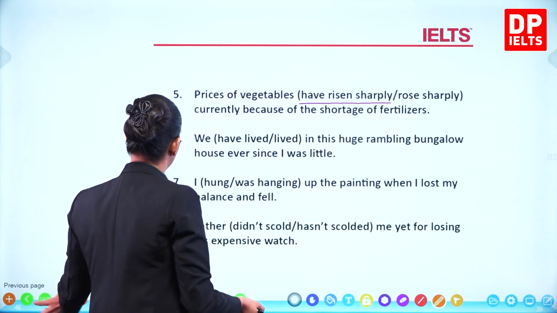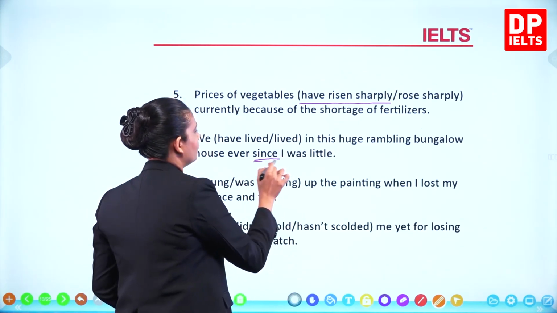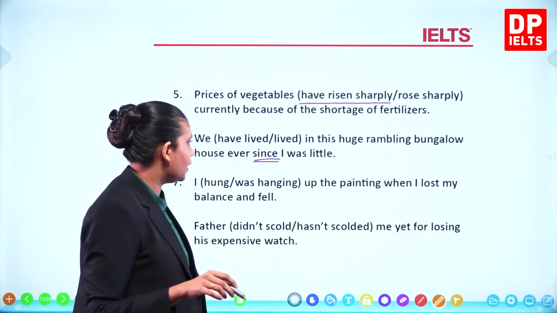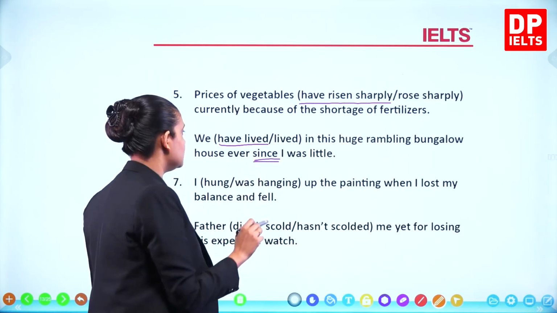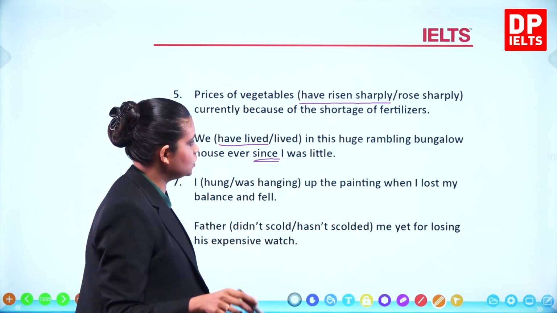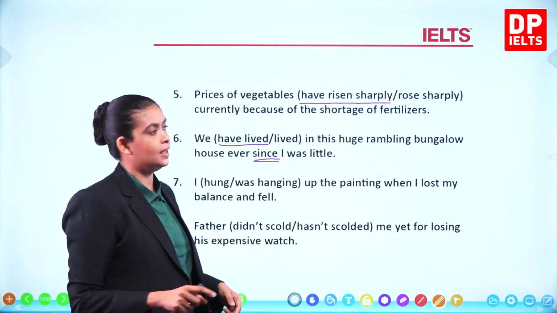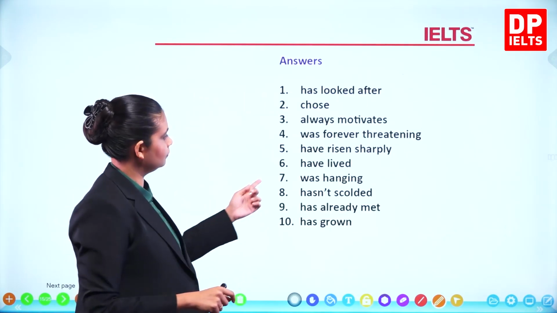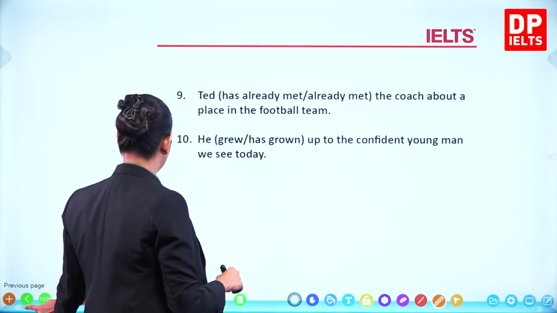Next one, since. So since, you know, would be used along with the present perfect. So it has to be has, have plus the past participle. So we have lived in this huge rambling bungalow house ever since I was little, right? So here, have lived.